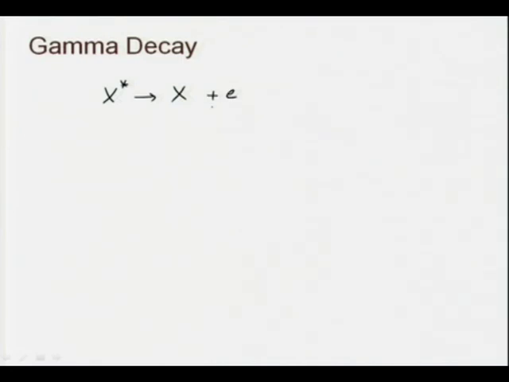We have another possibility in the case of excited states decaying into the ground state or any other low energy state. It is possible that instead of emitting a photon, the excitation energy of the nucleus is transferred to the atomic electrons, thereby emitting an electron which is basically an atomic electron.